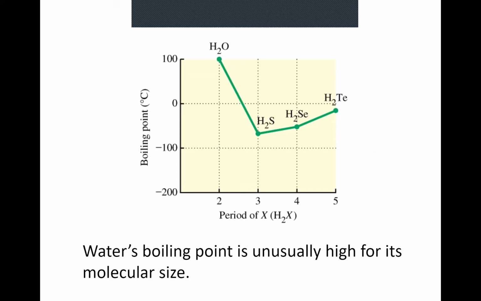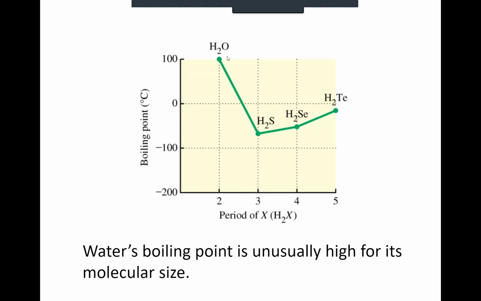And to make that move, you've got to actually pull the molecules apart from each other. The energy that is required to do that is proportional to the boiling point. And since water has really high intermolecular attraction between molecules, it's got a wicked high boiling point for its molar mass. It's a very shocking trend.